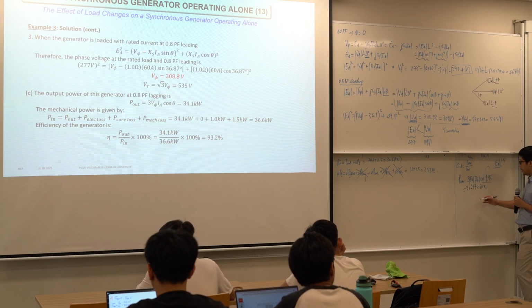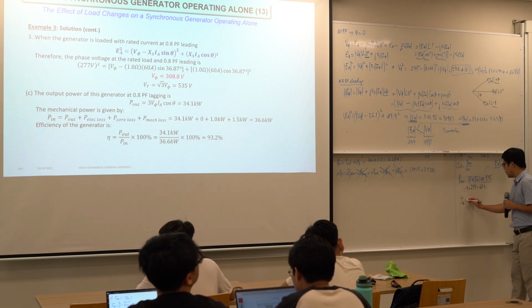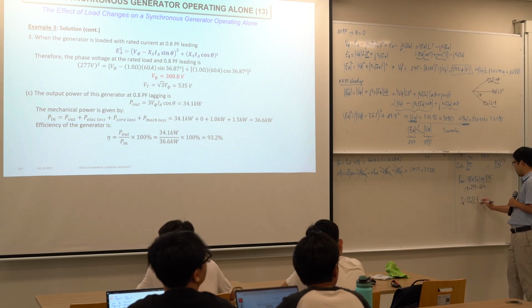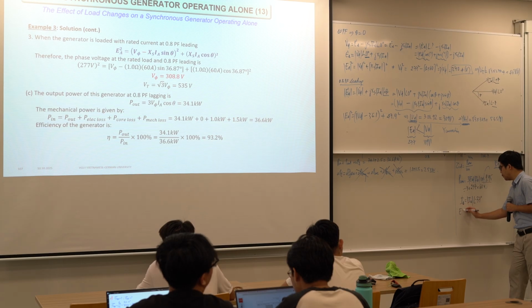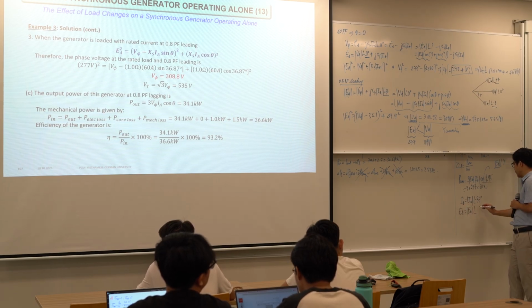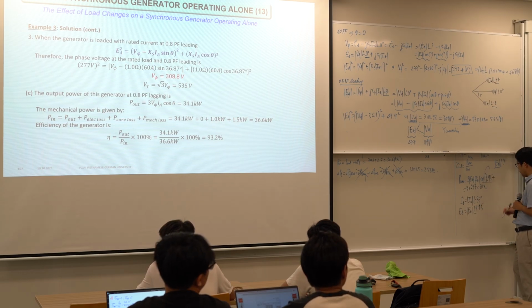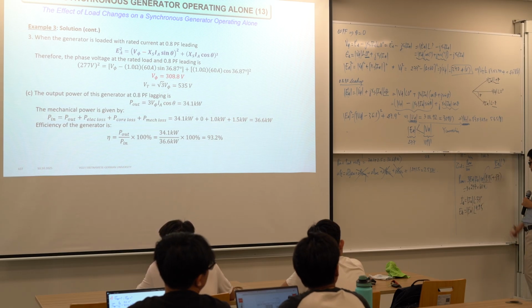This is gamma, right? So we have IA with minus 37 degree, and now we have EA with 9.95. So here you should add 37.